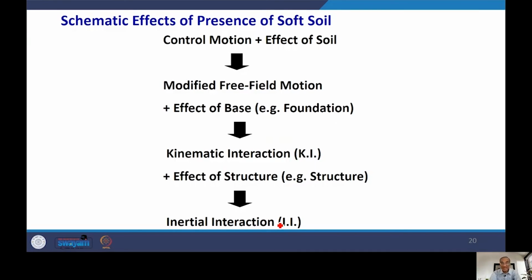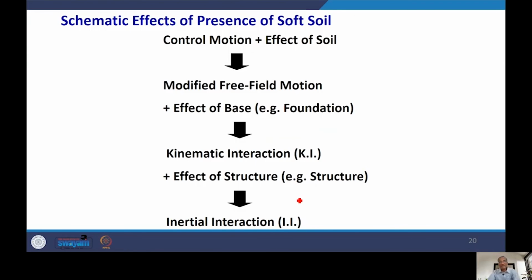So in kinematic interaction, you neglect the mass of the structure as well as the foundation, which is inserted into the soil. So that means we can avoid the inertial forces. But once this is done during kinematic interaction, the results of kinematic interaction are fed to the next part, that is the effect of the structure. And when kinematic interaction is applied to the effect of a structure, it leads to what is called inertial interaction.